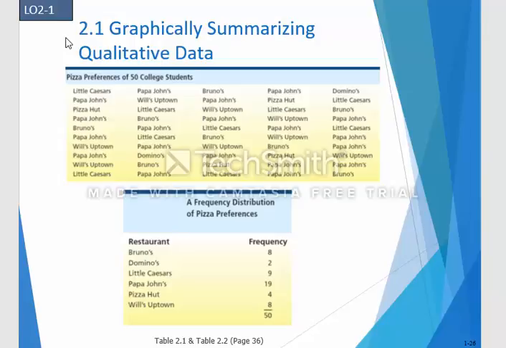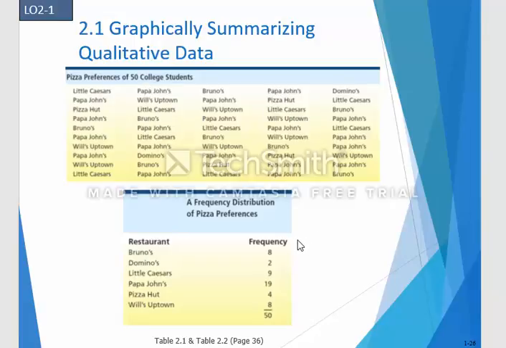The data can be summarized in a frequency distribution, which is defined as a table that summarizes the number or frequency of items in each of several non-overlapping classes. When we have a data point here, somebody's preference isn't Papa John's and Little Caesars. It's all mutually exclusive, meaning you have to pick one.